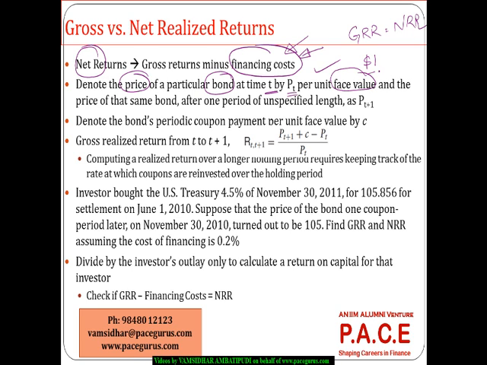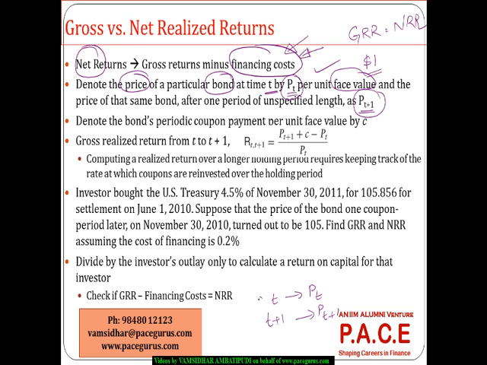The same bond at time t plus 1, which is after one period, has price Pt+1. So at time t, the price is Pt. At time t plus 1, the price is Pt+1.